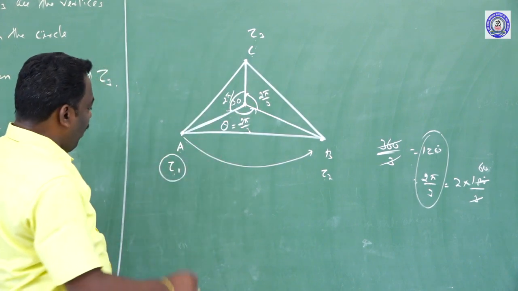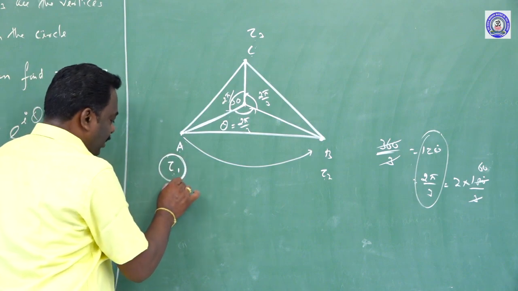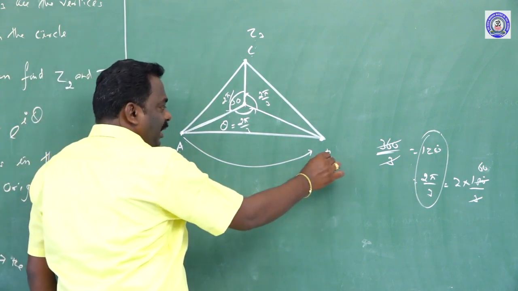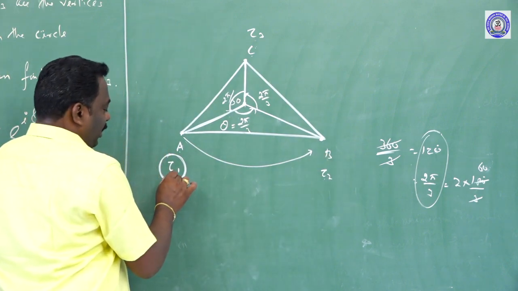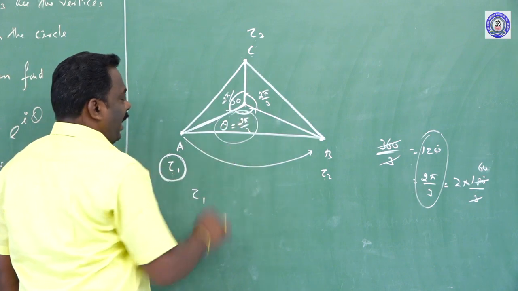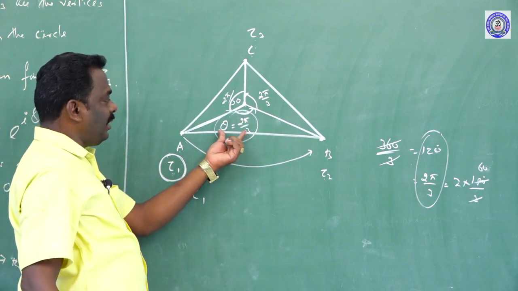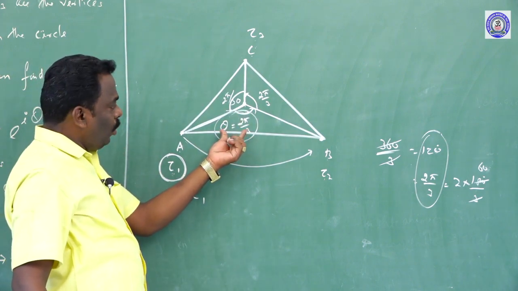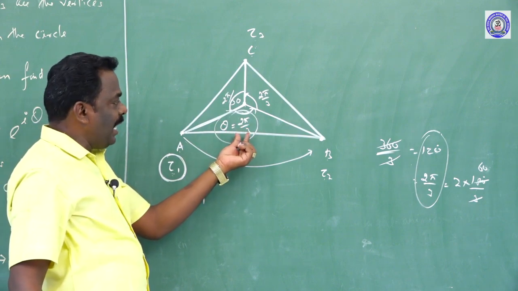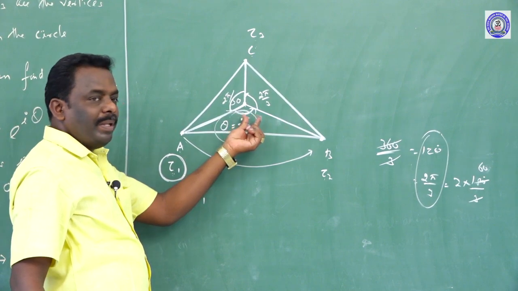So if you have one of the vertices, Z1, to find another vertex B, we multiply Z1 by the polar form with angle theta equal to 2 pi by 3.